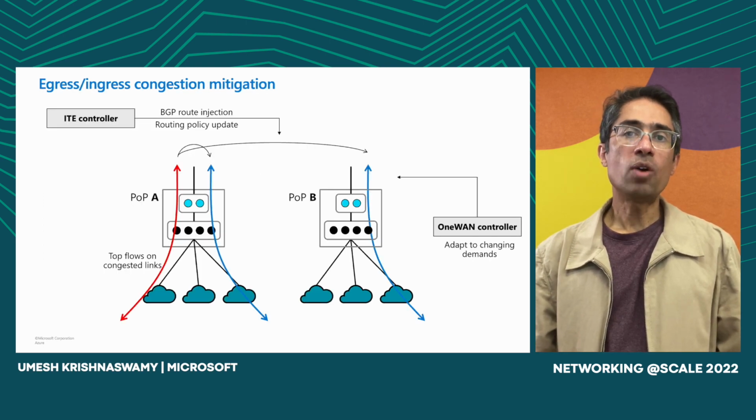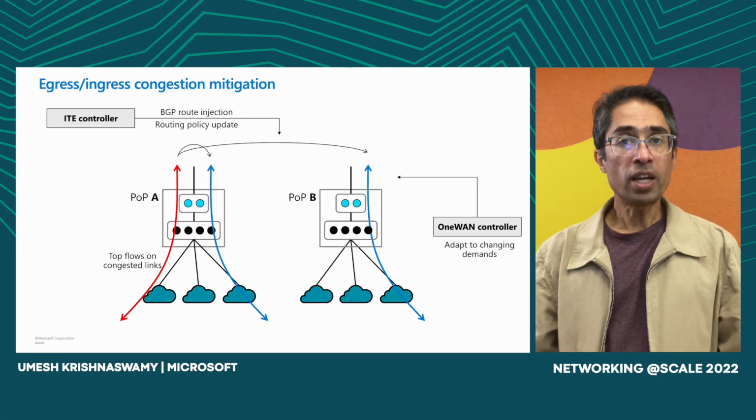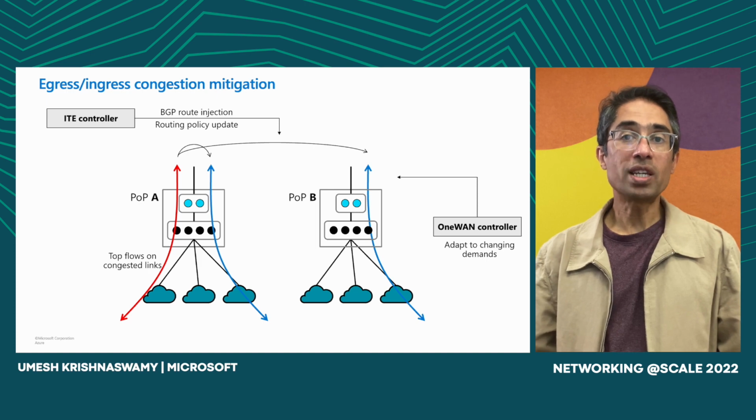Let's look at how ITE mitigates congestion. It detects high drops and high utilization in peering and backhaul links, and then identifies the top flows using the congested link. It looks for alternate links, preferably in the same POP, but if they are not available, looks for the alternate links in other POPs in the same geography.